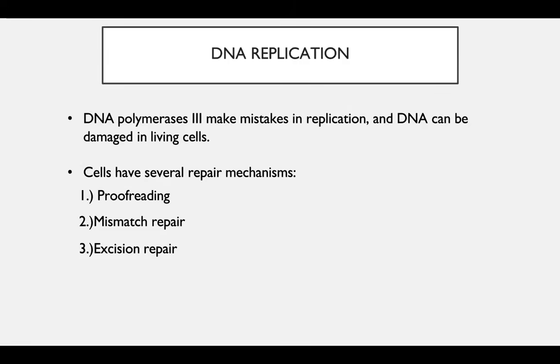And excision repair is when enzymes constantly scan DNA for any damaged bases, and then DNA polymerase 1 adds the correct ones. Mismatch repair is usually scanned for mistakes by other proteins, while excision repair is when DNA is damaged by radiation, chemicals, and spontaneous chemical reactions during the life of the cell.